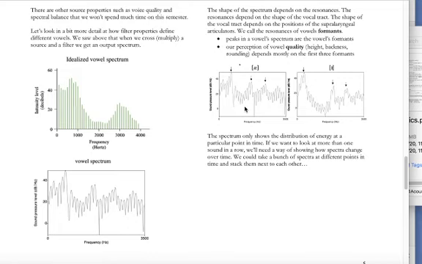So here is a recording of the vowel a, the low front unrounded vowel of American English. And you can see there's a first peak here. This is the first formant, or F1. A second peak here. This is the second formant, or F2. And a third peak here. This is the third formant, or F3.